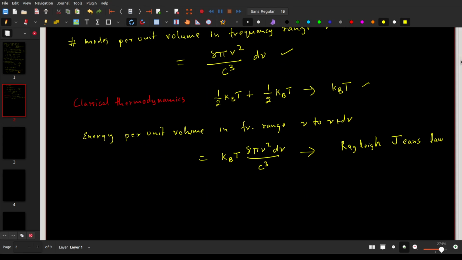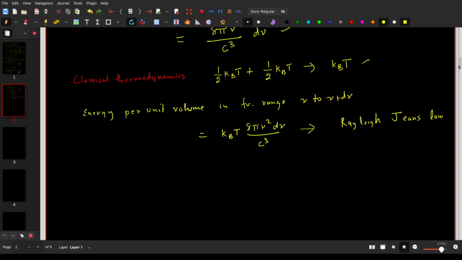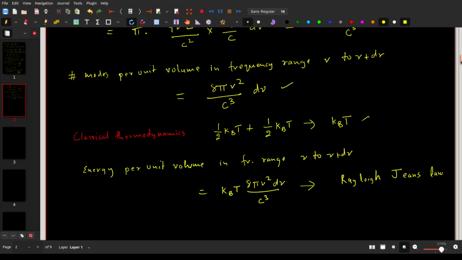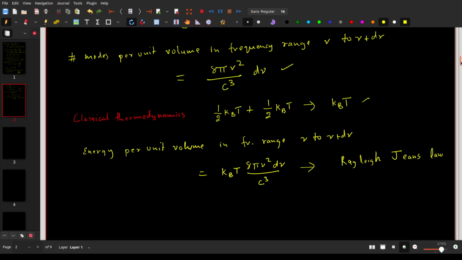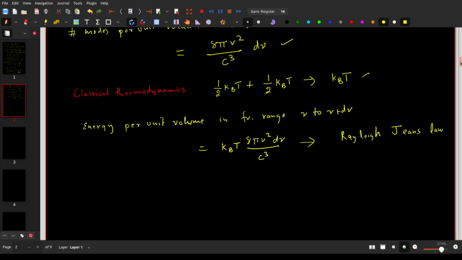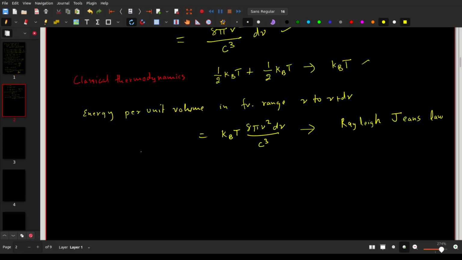In high frequency range, this is not valid. If we want to derive the correct equation for the energy per unit volume in a given frequency range, we need to make use of the quantum properties of light, and this is what Planck assumed in deriving his law.